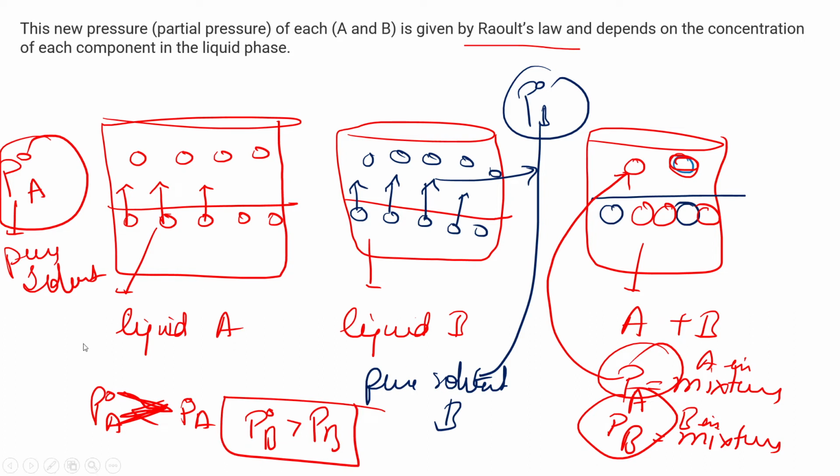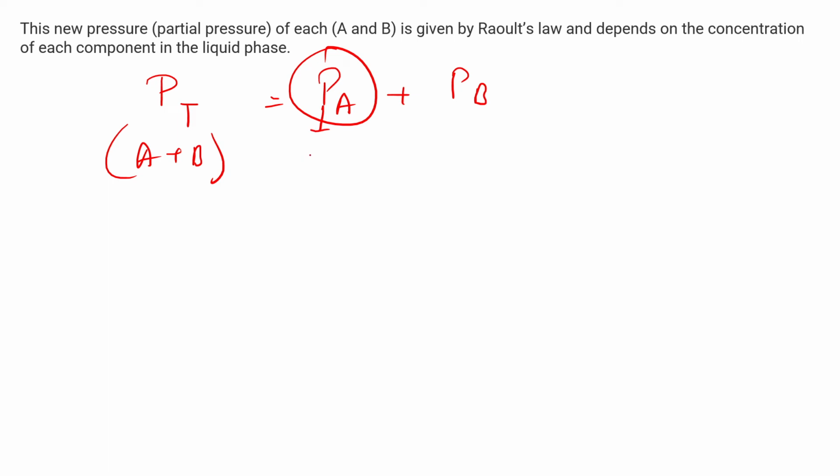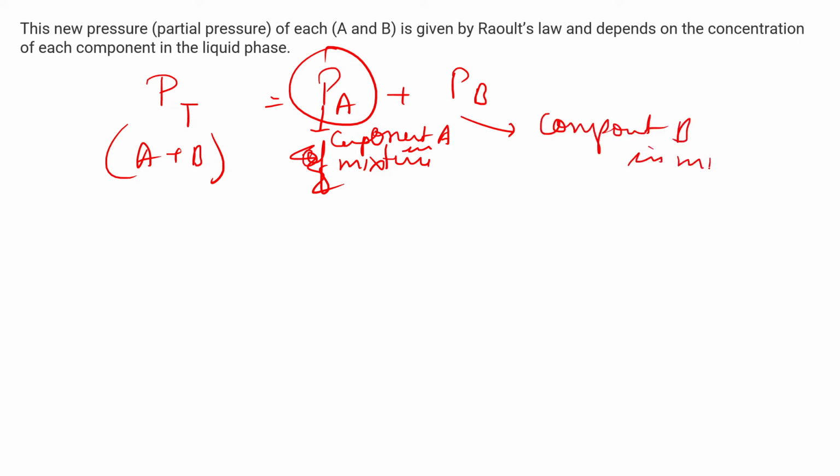Thus we can say that the vapor pressure of the solution containing A plus B is equal to the vapor pressure of A plus the vapor pressure of B. This is of the mixture: the partial pressure of component A in the mixture, and the partial pressure of component B in the mixture.